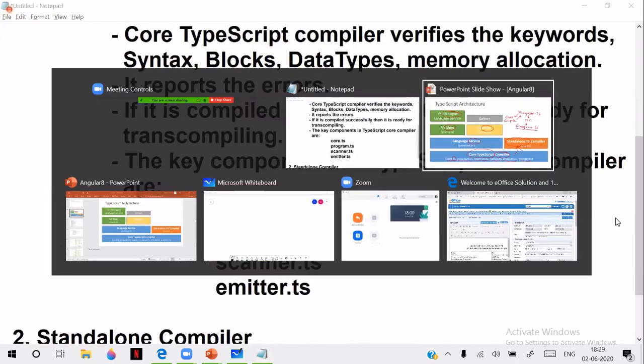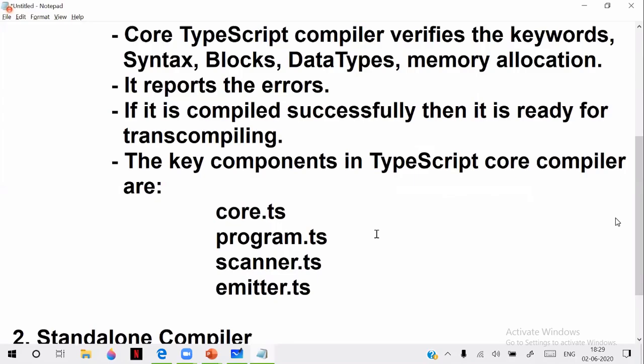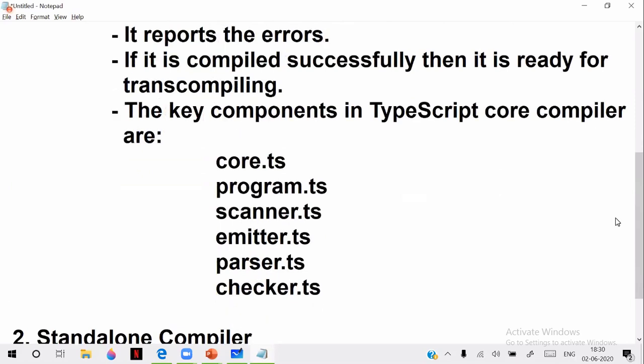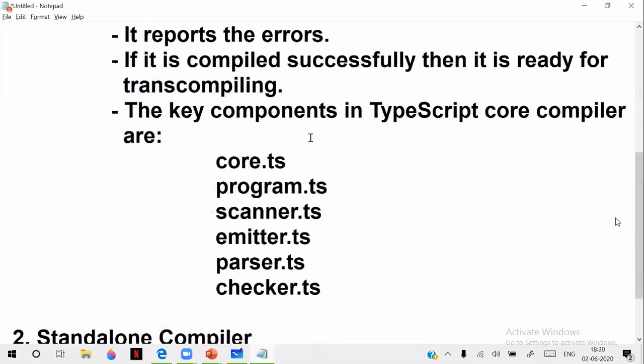So we have parser.ts and checker.ts. All these are responsible for handling different functionalities. Those you will understand once you start working with TypeScript, but I have given you a basic overview. So this is the purpose of the TypeScript core compiler.